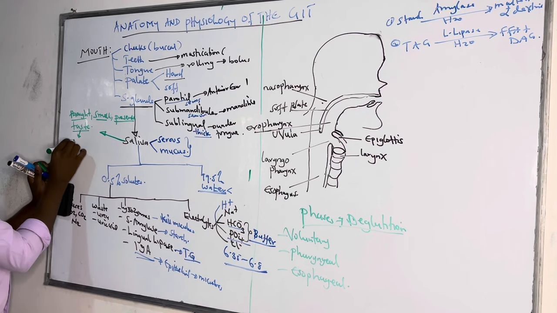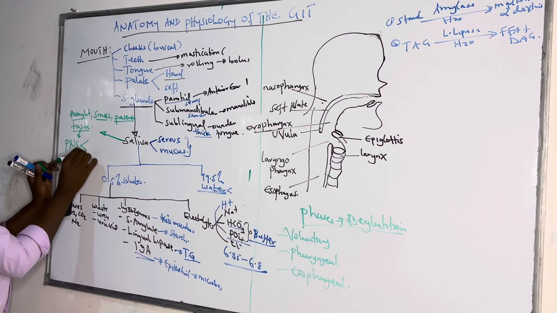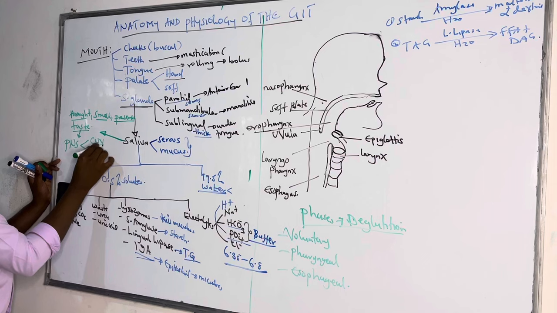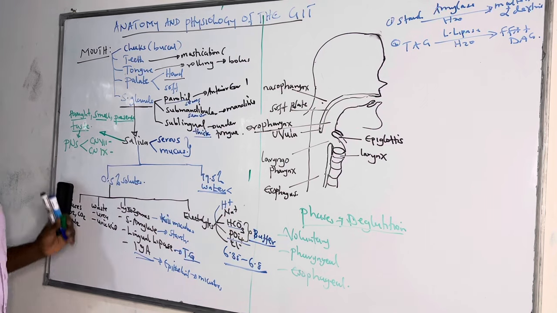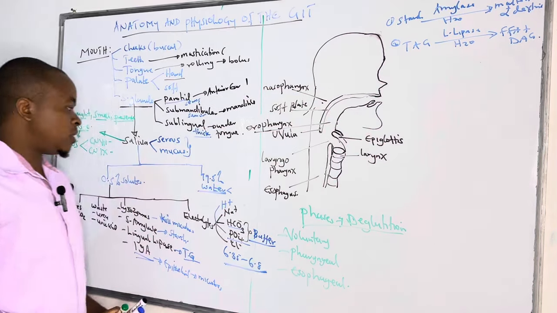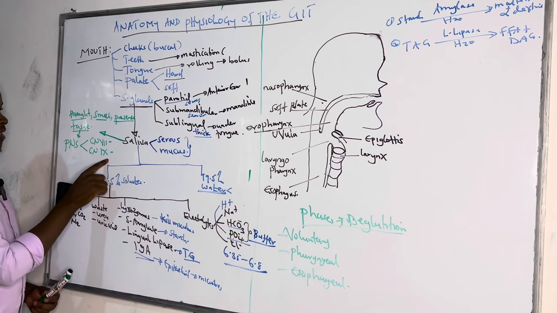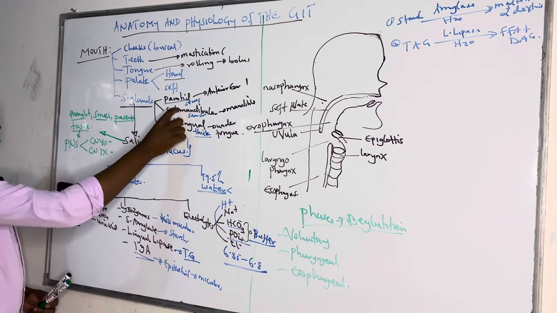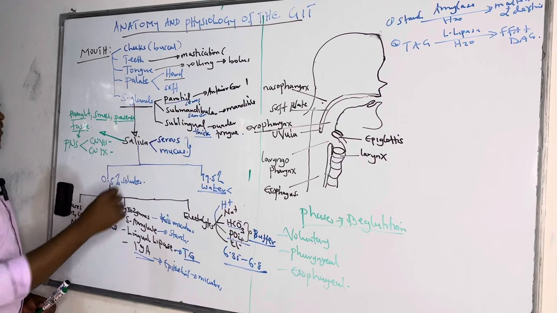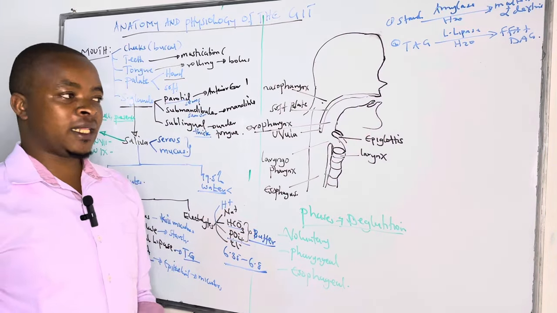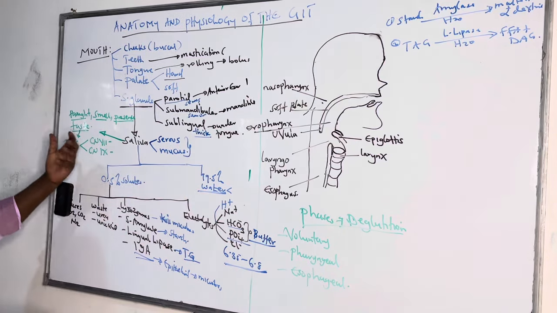It sends its impulses via cranial nerve 7 and cranial nerve 9. This is the facial nerve, and this is the glossopharyngeal nerve. It is the one that stimulates these salivary glands to release saliva. And that is how its production is controlled.